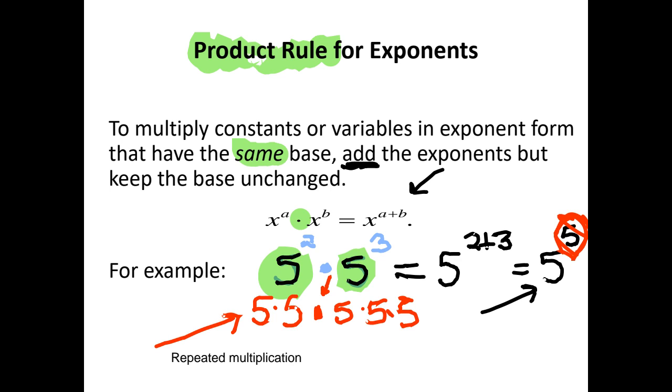Well, 2 5s and 3 5s give me 5 5s. Okay? This is known as the product rule. But you've got to have the same base. If this was a 5 and a 2, can't do it. And we'll see that in a minute.